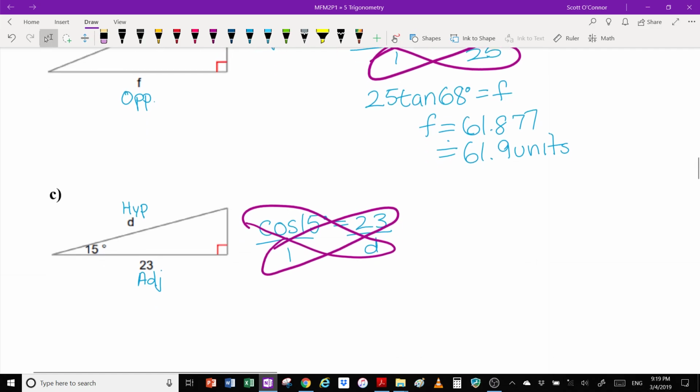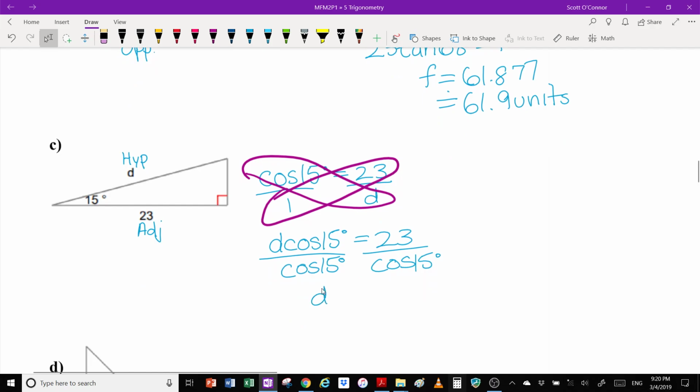But as you can see, what's going to end up happening here is I'm going to get d cos 15 equals 23. Now I want to get d by itself. I'm now multiplying d by cos 15 degrees. So to get rid of multiply by cos 15 degrees, I divide both sides by cos 15 degrees. That gets rid of it from the left-hand side and will allow me to isolate the variable d.